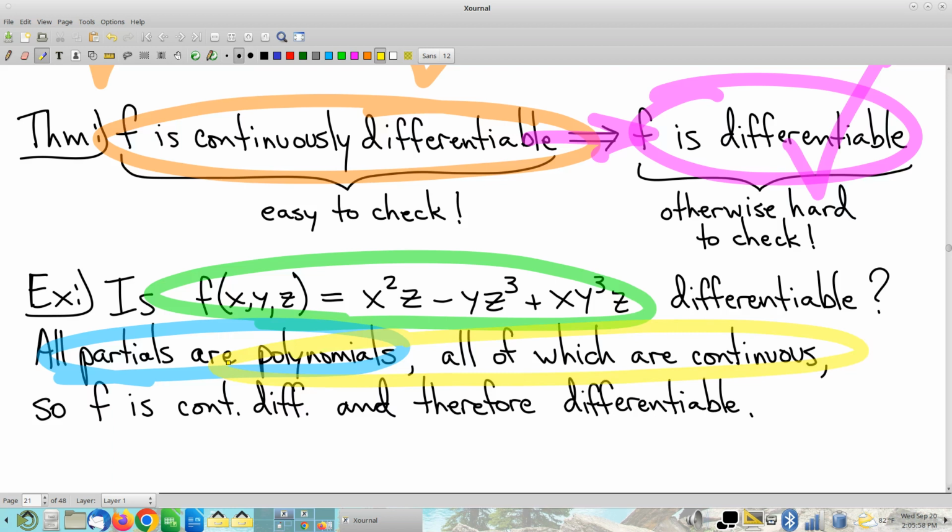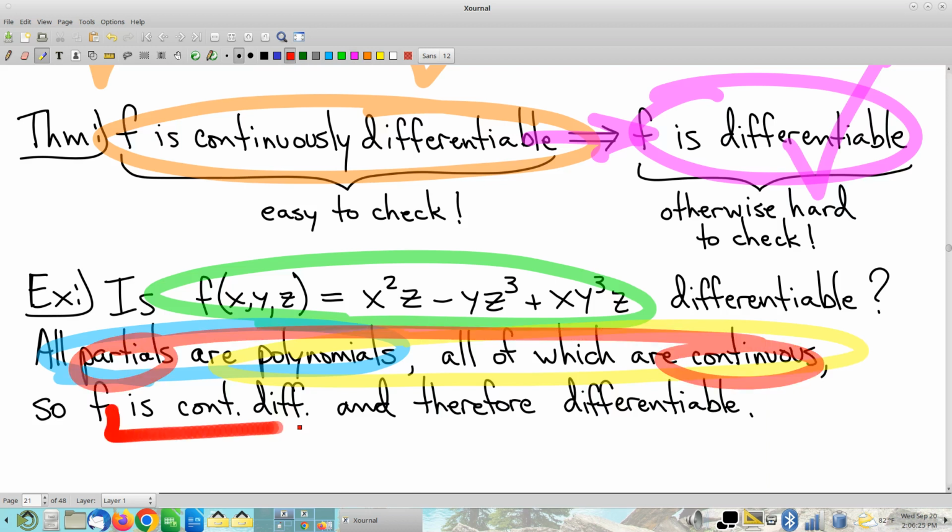Old news, right? Old fact from, well, technically this is a slightly different, updated fact, but I hope this is a believable claim that's morally equivalent to a fact from single variable calculus. And so altogether, we know the partial derivatives, we know they're all continuous, and partial derivatives being continuous is exactly what continuously differentiable means.